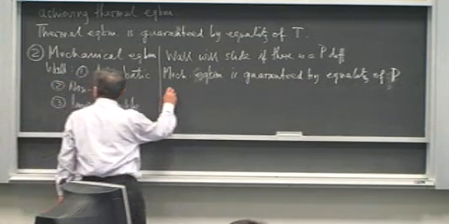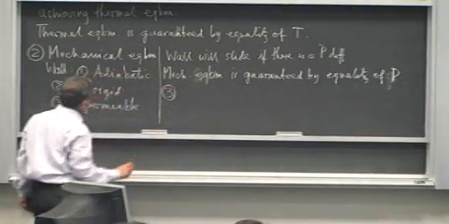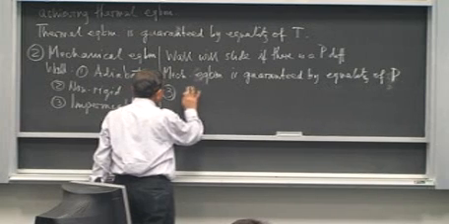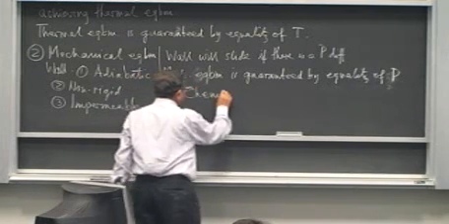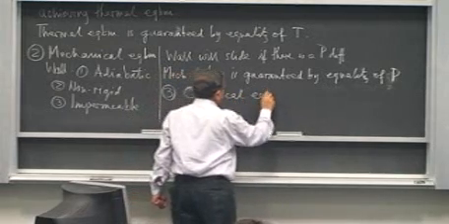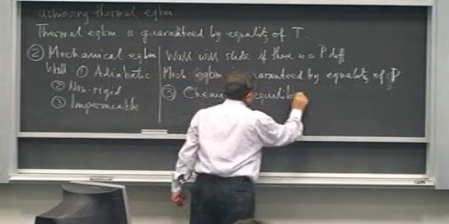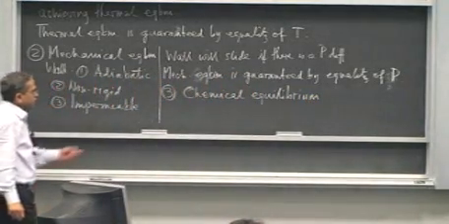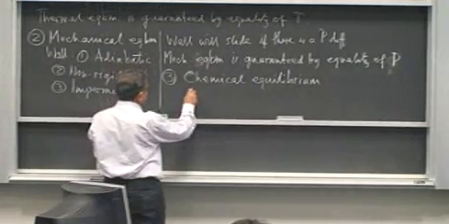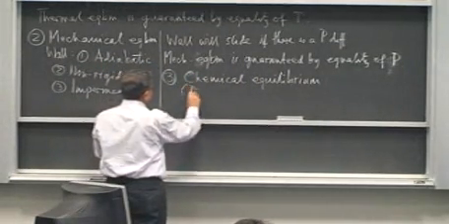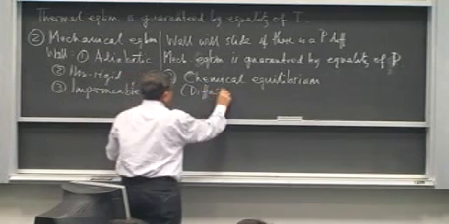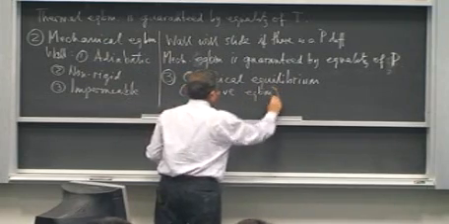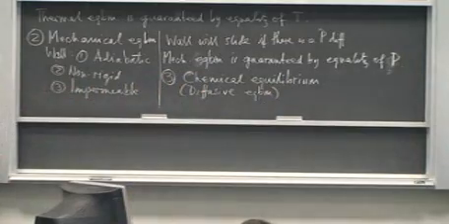The third equilibrium is what I'm calling here chemical equilibrium. At times people are more careful in the use of the word chemical equilibrium. They instead talk of diffusive equilibrium, or equilibrium with respect to transfer of matter across the wall.